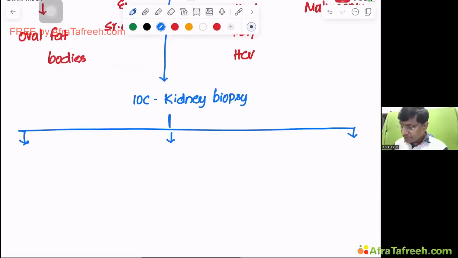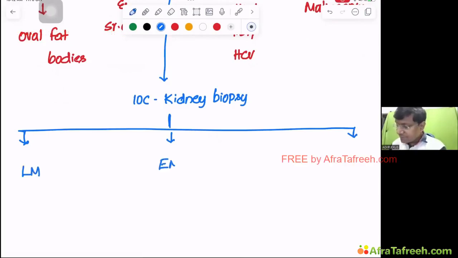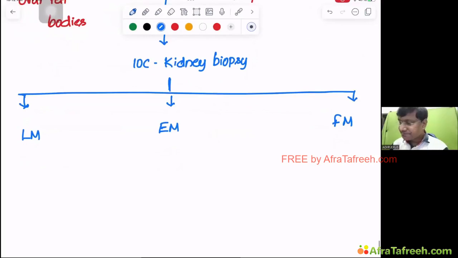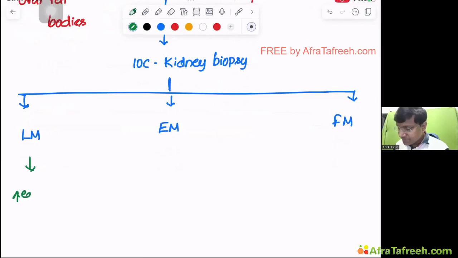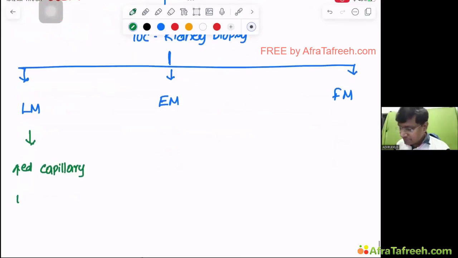And this renal biopsy, you have to observe under light microscopy, electron microscopy, and then fluorescent microscopy. So you take the light microscopy. Under the light microscopy, what you will observe is increased capillary wall thickness.